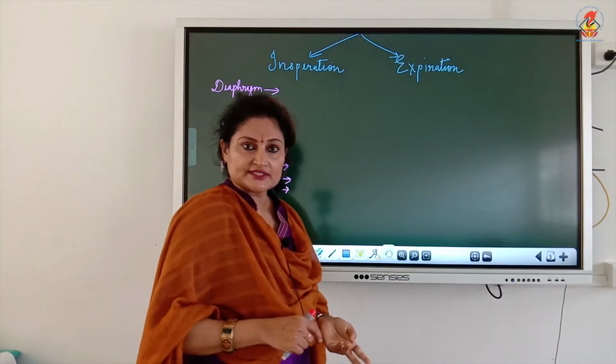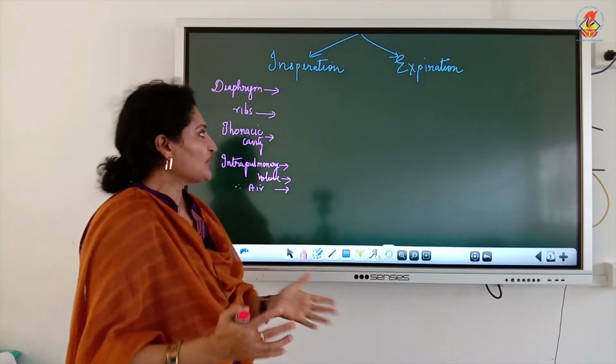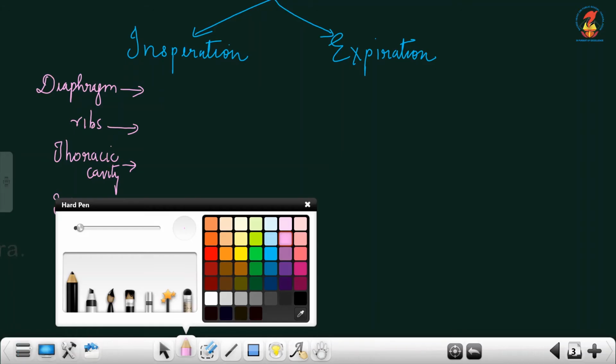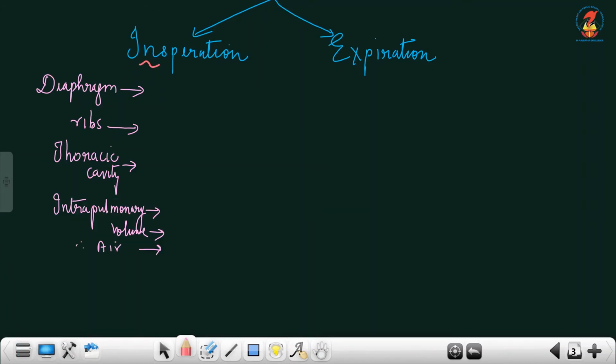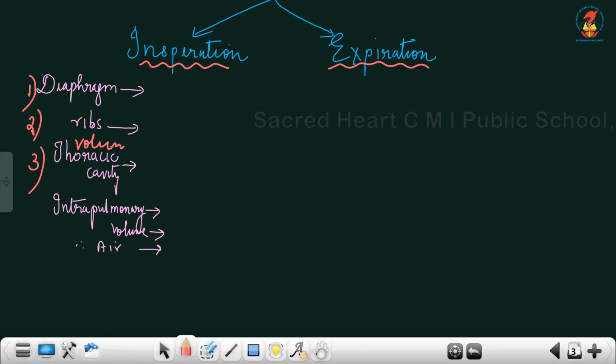So, the two phases of breathing are inspiration and expiration, or in other words you can say inhalation and exhalation. Now, let us see what happens with respect to the diaphragm, ribs, thoracic cavity, the volume of the thoracic cavity, the intrapulmonary volume and the movement of air.